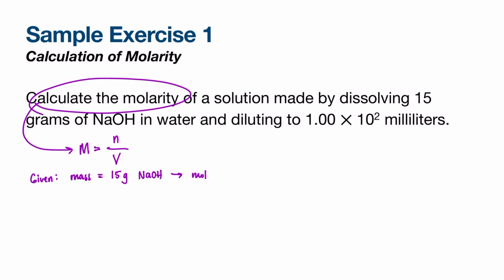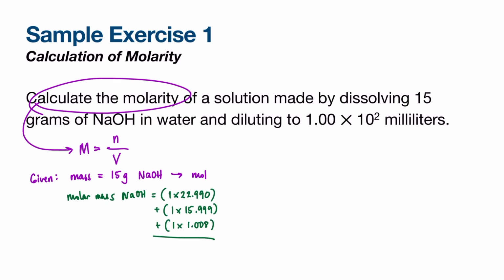For us to convert 15 grams of sodium hydroxide to moles of sodium hydroxide, we need the molar mass of sodium hydroxide. Sodium hydroxide contains 1 sodium atom, 1 oxygen atom, and 1 hydrogen atom.